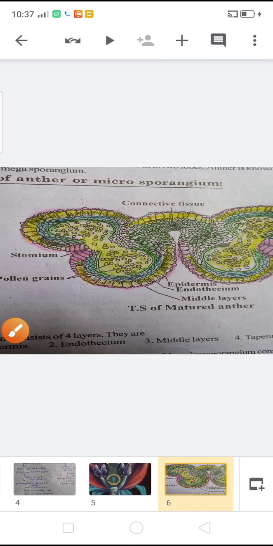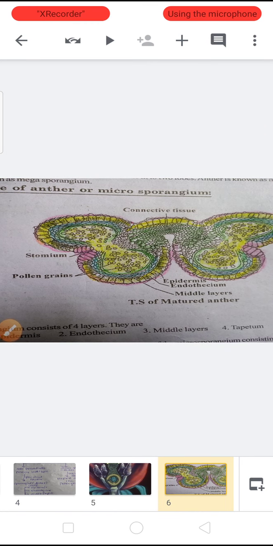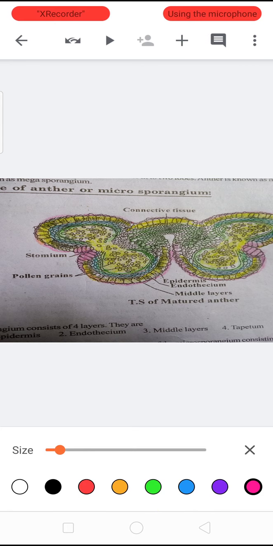Next, coming to our topic, structure of anther. Anther wall consists of 4 layers.